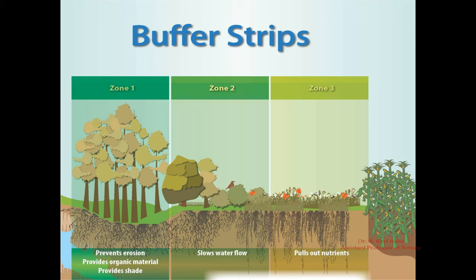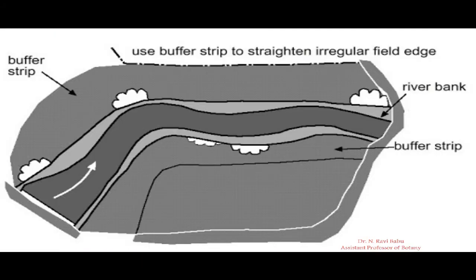Hope you got the point, and you can understand the difference, dear friends. In buffer strip cropping, we can see the involvement of both types of cropping, that is field strip cropping as well as wind strip cropping, right?